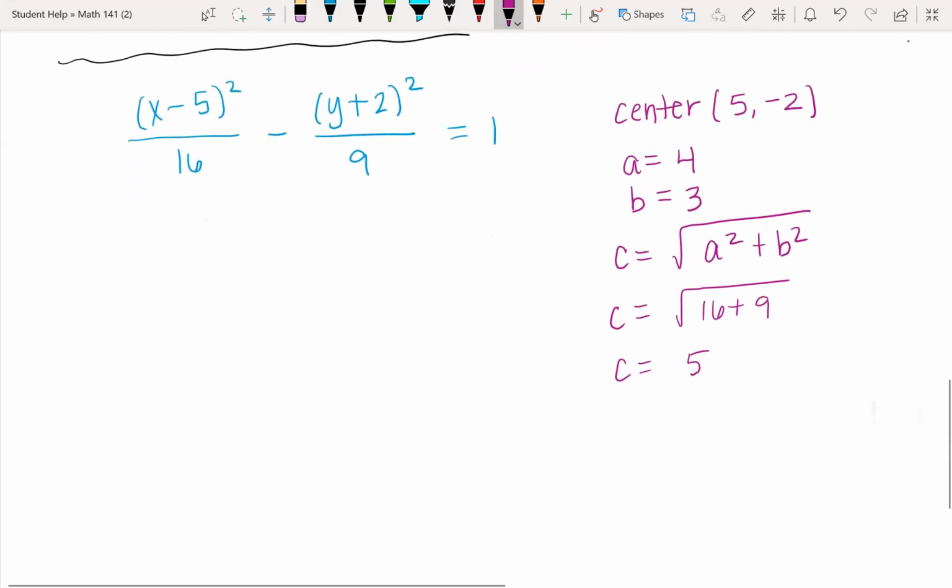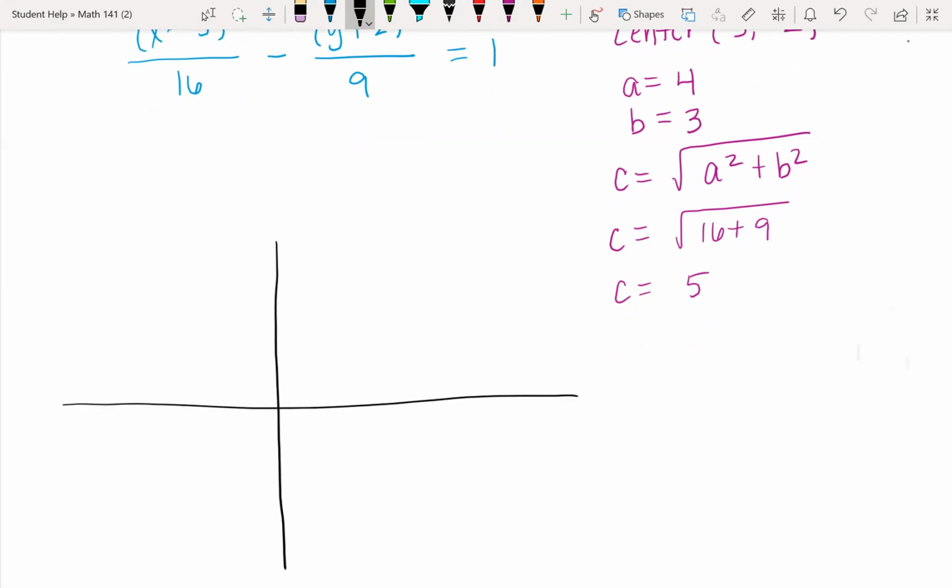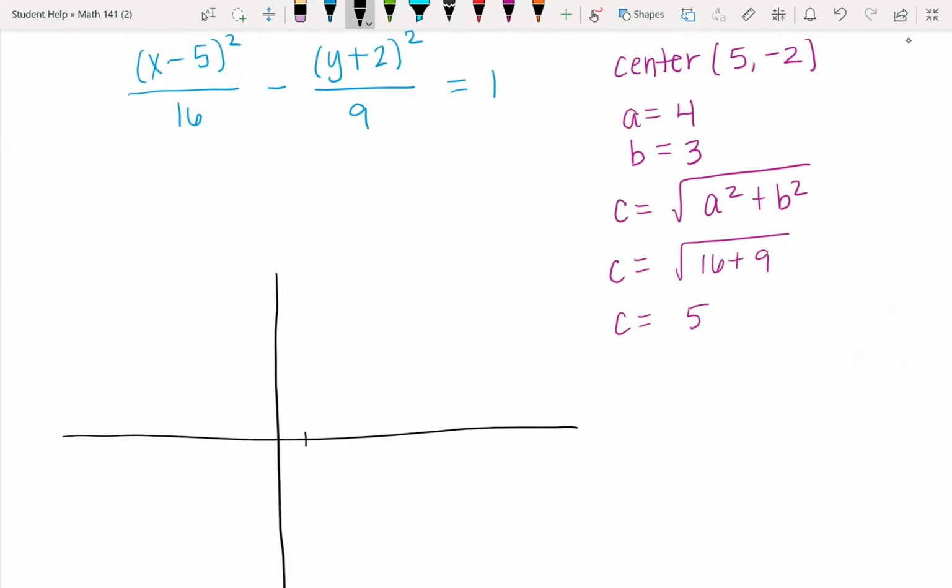So we know that this is going to be opening in the direction of x because x is the first variable. Let's start by putting our center. The center is at 5, -2. So here. The two vertices are going to be 4 to the right and 4 to the left of the center.